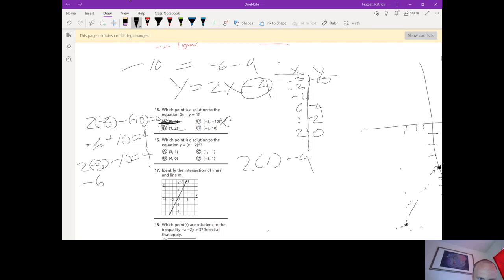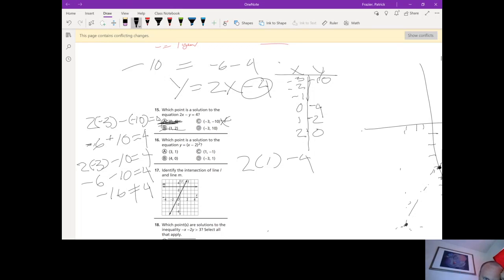Well, 2 times negative 3 is negative 6. Negative 6 minus 10, does that equal 4? No. Negative 6 minus another 10 is negative 16, which does not equal 4.